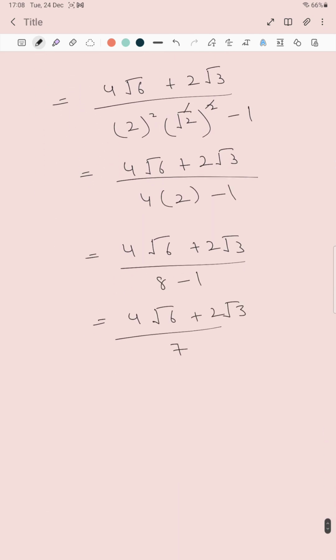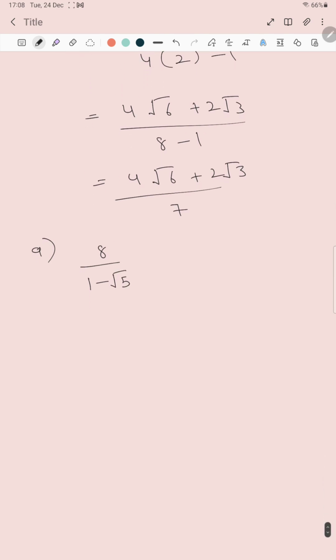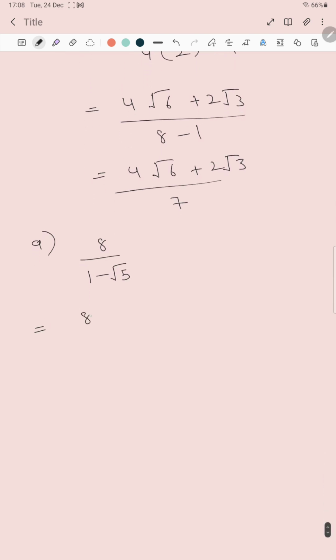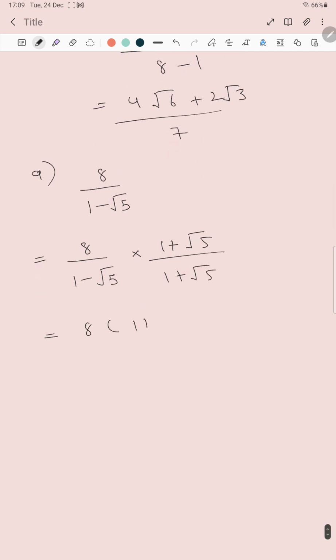Let me do a past paper question. 8 divided by 1 minus square root 5, and we have to rationalize the denominator. So 8 over 1 minus square root 5, we will just multiply with 1 plus square root 5 divided by 1 plus square root 5. So with 8, we will multiply 1 plus square root 5 divided by 1 square minus square root 5 square.